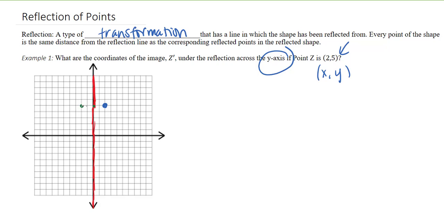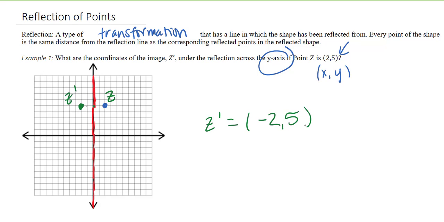So 1, 2. Notice this is our z prime and this is our z. The x coordinate just changed, it went from positive to negative, and the y is still 5, so z prime is (-2, 5).